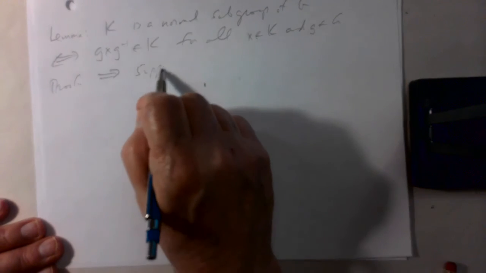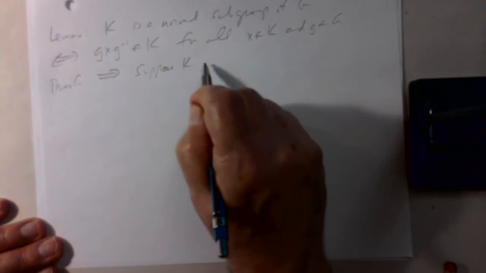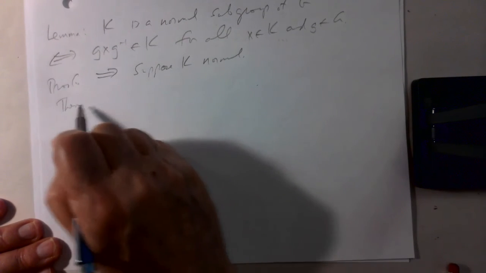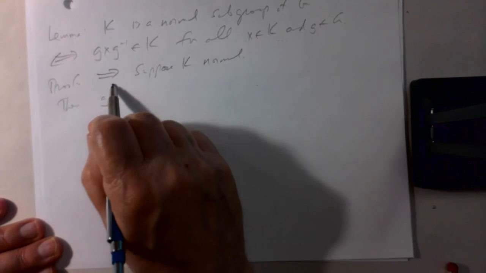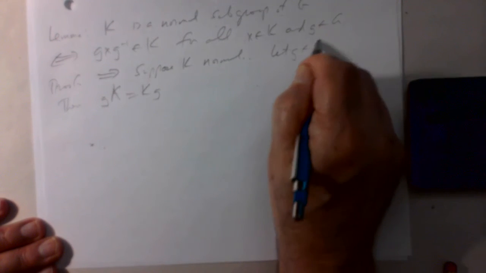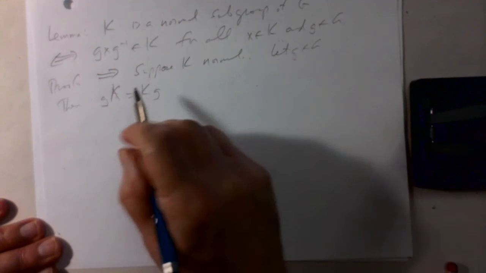Suppose K is normal. Then gK equals Kg. So let g be in the group. The left coset equals the right coset.